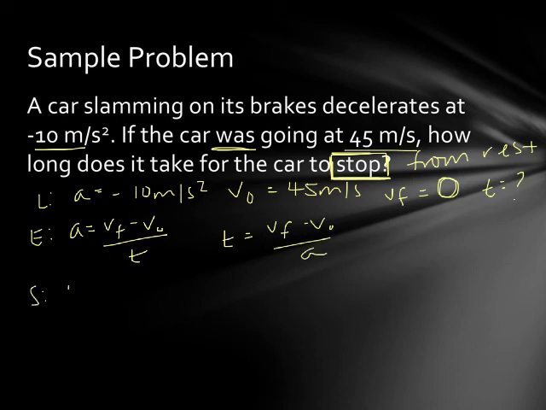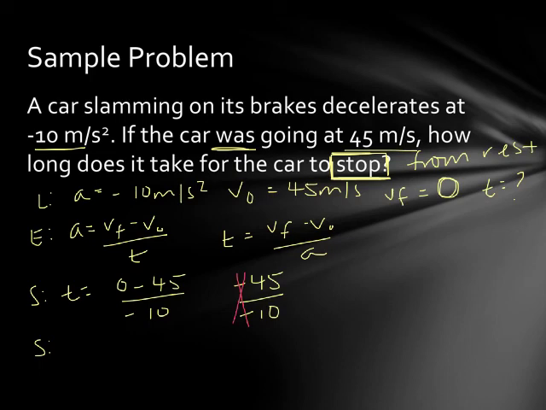So if we substitute in our numbers, we have 0 minus 45 over negative 10. All right, which is also kind of like negative 45 over negative 10. So when we solve for that, dividing by 10, you move the decimal point over. Also note, dividing a negative number by a negative number cancels out those negatives.